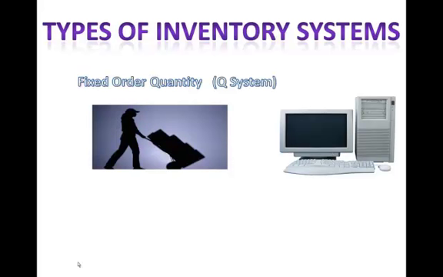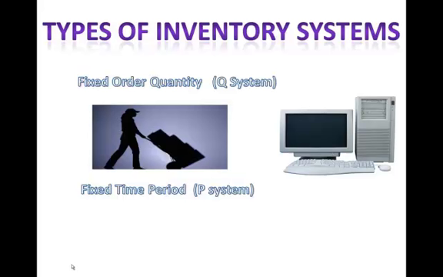When we reach a certain reorder point, we will place an order for a consistent number of units. So as an example, whenever our inventory of a particular item reaches 10 units, we will automatically place an order for 50.